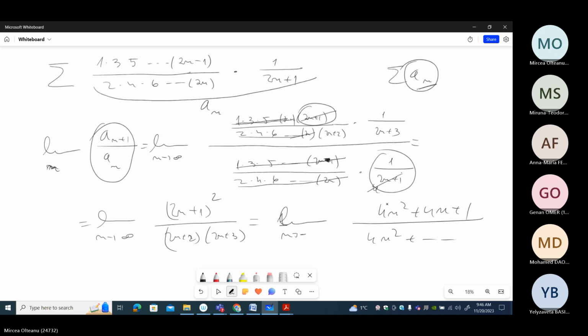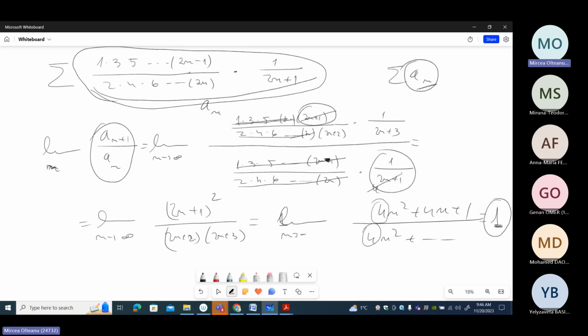So the limit will be 4 over 4, which is 1. So this is the ratio test. It was an appropriate test for this series when we look at the form of a_n, but unfortunately the limit was 1. But the try is appropriate. It's normal to use the ratio test here.